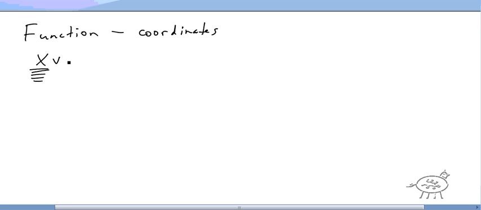Let's talk about if something is a function. And we'll do this with coordinates first. Okay, basically, if it's a function, if the x values, that's huge, x values don't repeat, then the points represent a function.